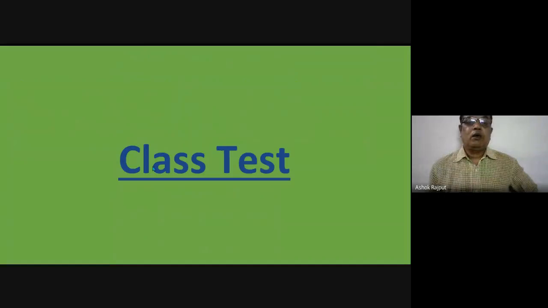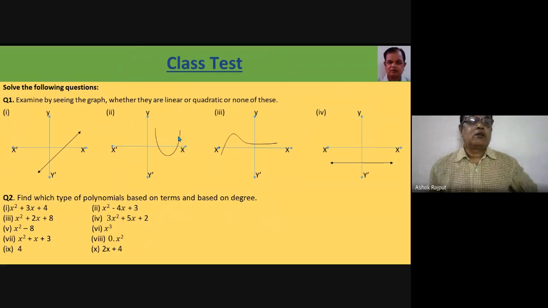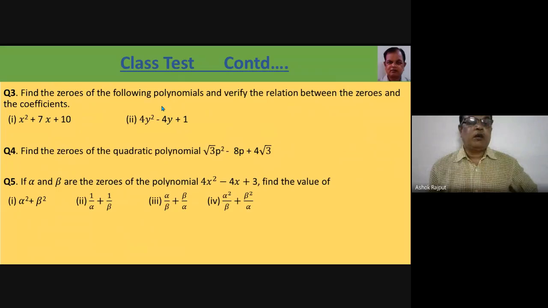Now we are giving you a class test. We explained the theory in the first video, and in the next we solved some sums on the basis of these two. I have given some sums, so practice and solve them without leaving the class. So it is a class test. The questions are these. Pause the video and solve these sums, and after completing this test you can leave the class.